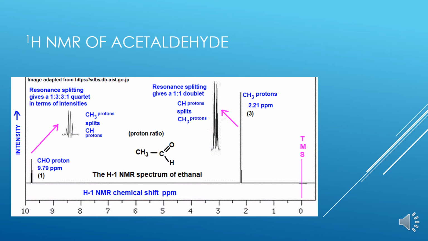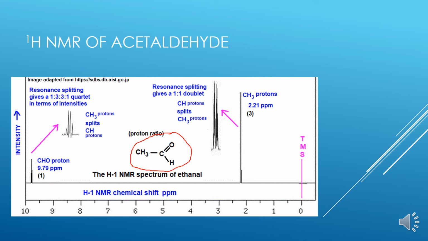Now let us go for the third example. This is the proton NMR of acetaldehyde. The acetaldehyde molecular formula is CH3CHO. So in this acetaldehyde molecule, remember there will be two types of protons.